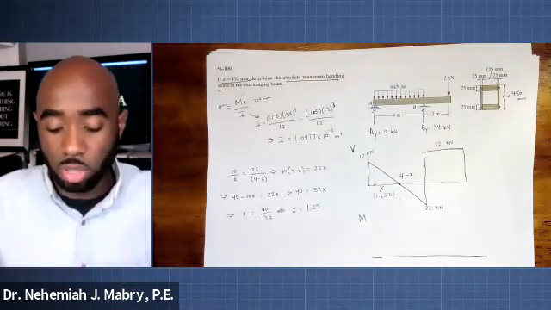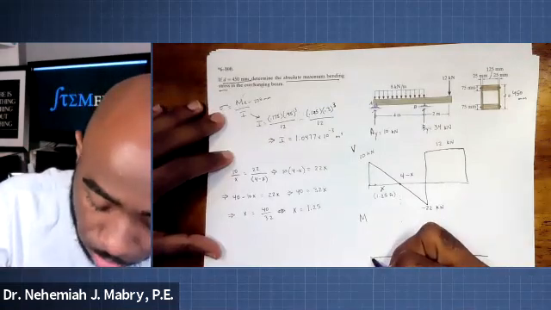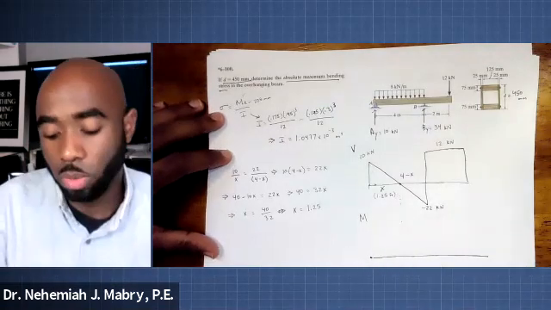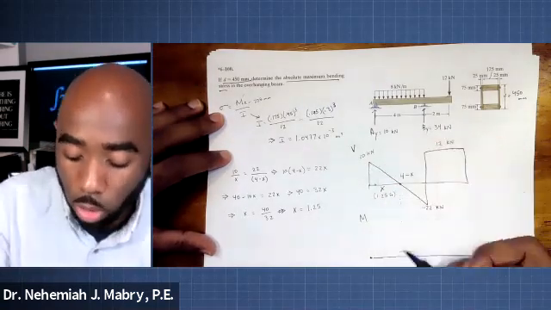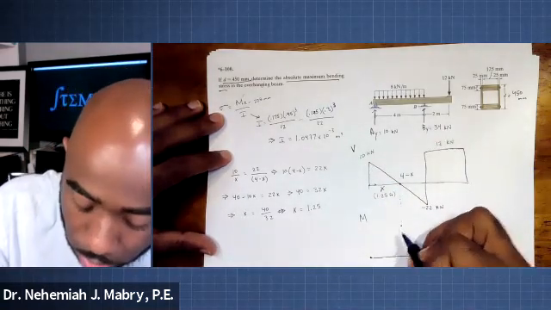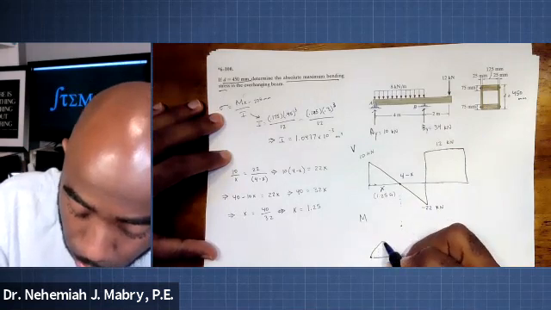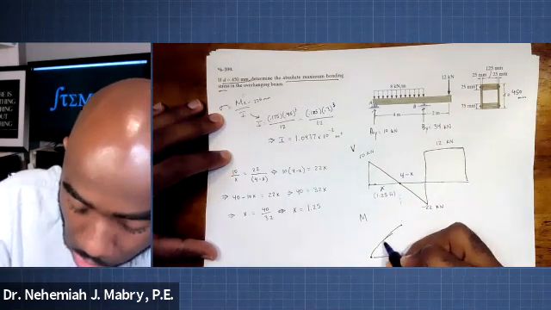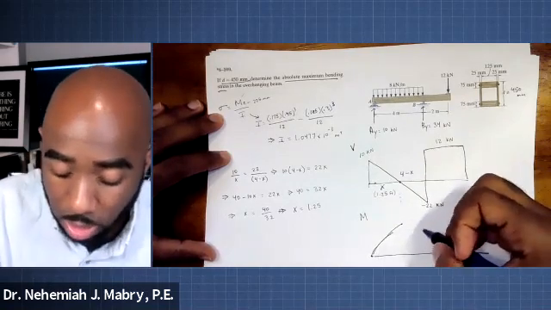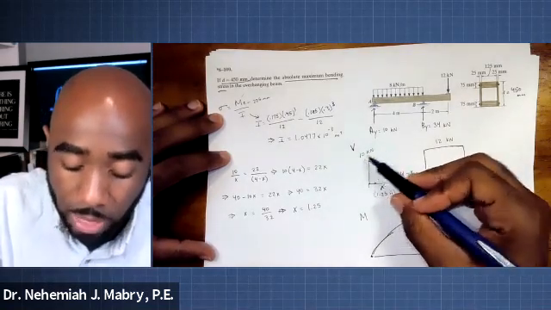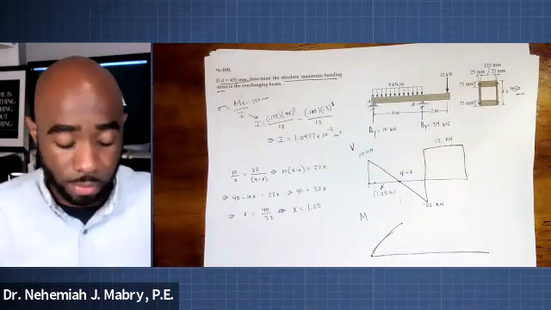So that means that we're going to start off here at 0 when we're doing our moment diagram. And because this is positive, we're going to go up to a point here. What value is that? Well, that value is 1/2 times 10 times 1.25.